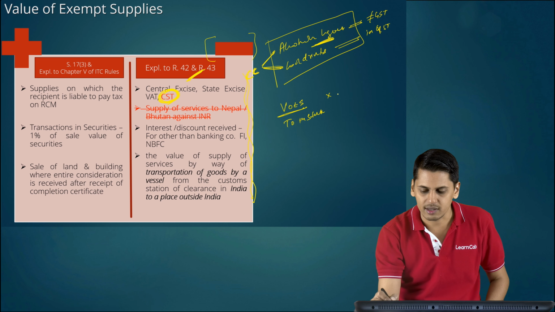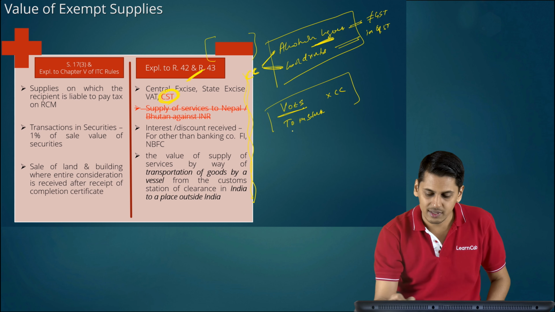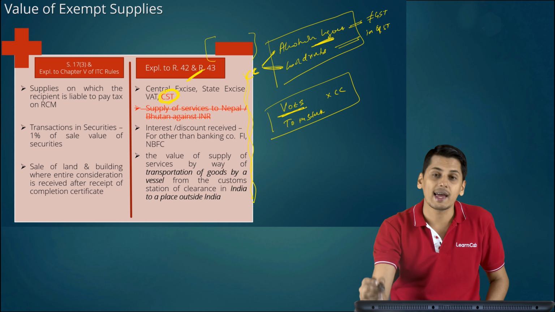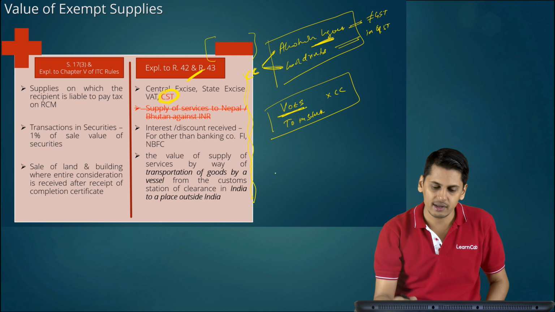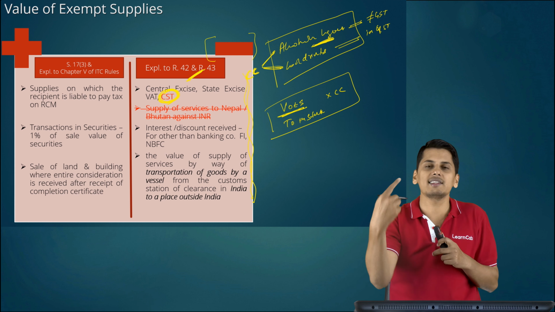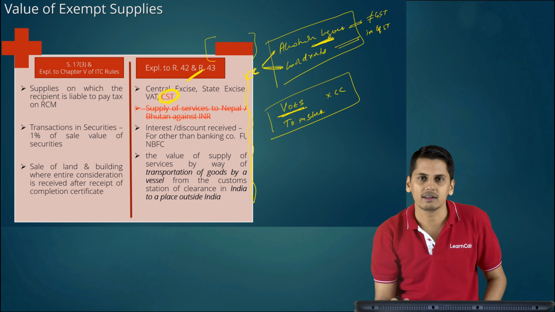multiplied by common credit. Now friends, as regards this value of exempt supply, let's suppose your alcoholic liquor which you have supplied, let's suppose you have supplied this outside the state. You have made an interstate sale of this alcoholic liquor.